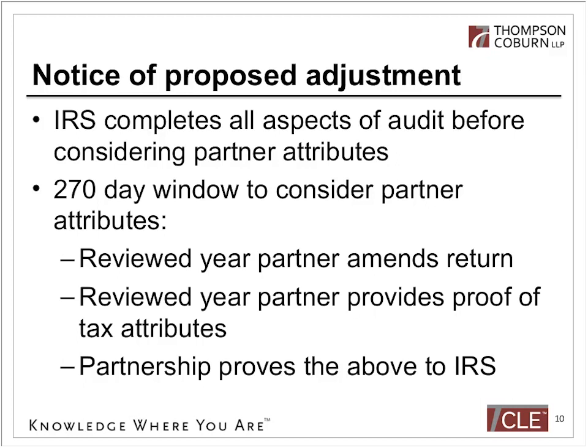Well, what you can do is that 10% partner can amend his return and take into account his tax attributes, and then the partnership can just pay the tax on the remaining 90%. And that way, only the person who wanted to use tax attributes has to go to any hassle, and then the partnership would just pay the tax for the rest of it.